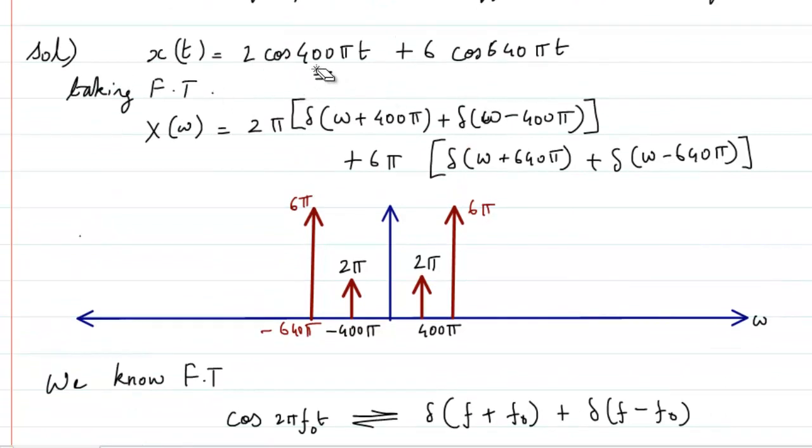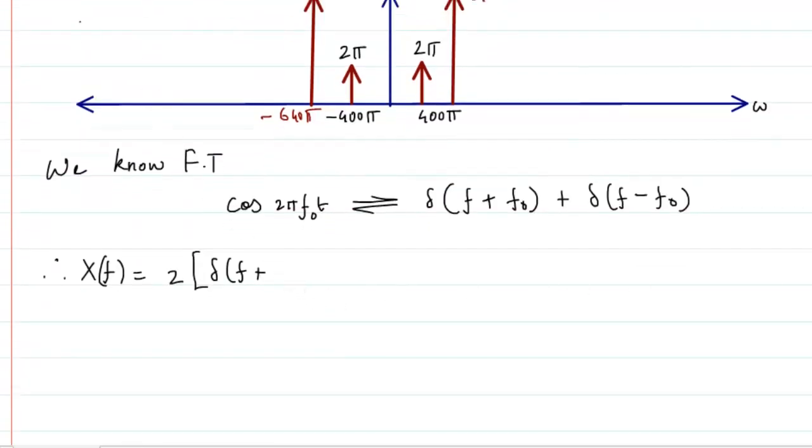If I take 2 pi out of 400 pi, what will remain? 200. So I will write plus 200, plus delta f minus 200.